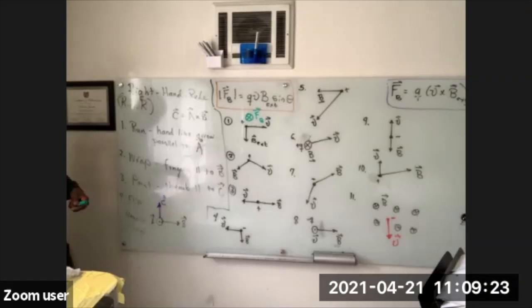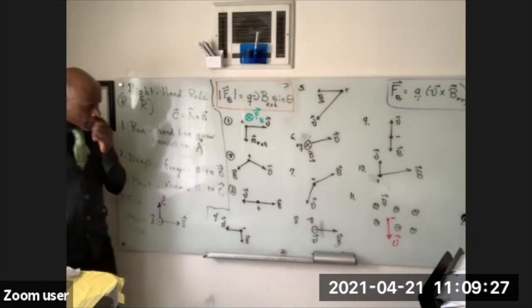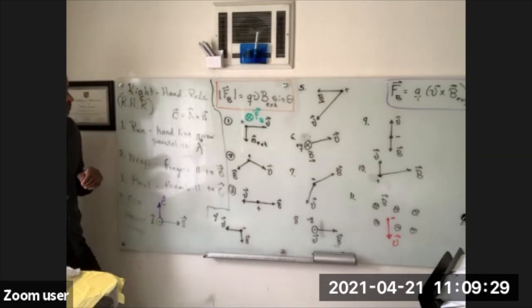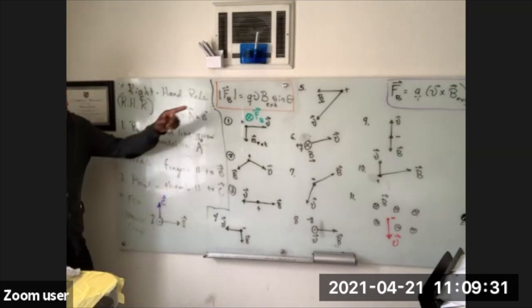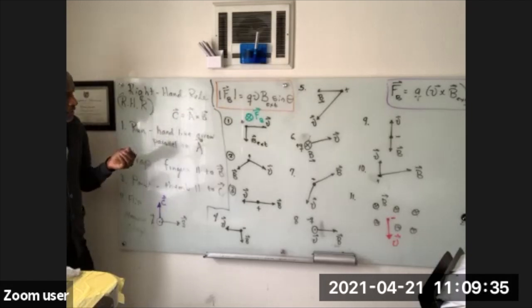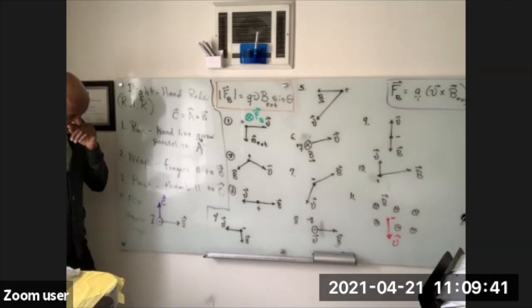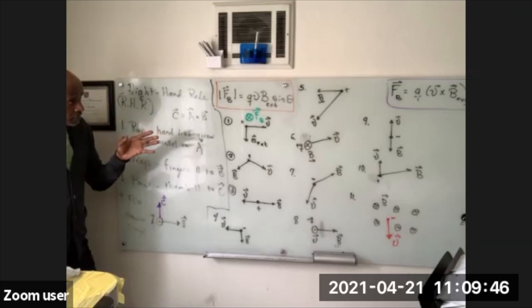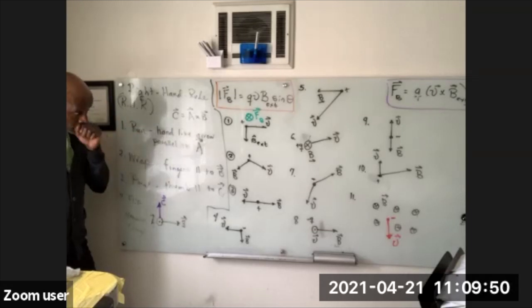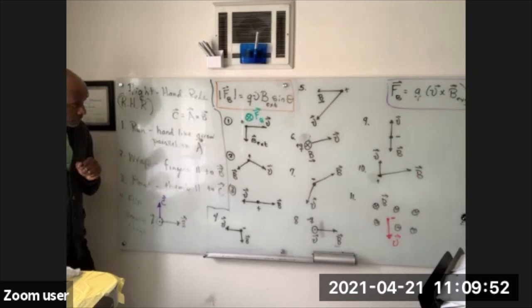Okay, so let's take a look at something. I think Jason has his camera on so everyone can see that. Now, one thing I want to warn you about with the cross product: we know that the resultant vector has got to be 90 degrees relative to both vectors of the cross product.